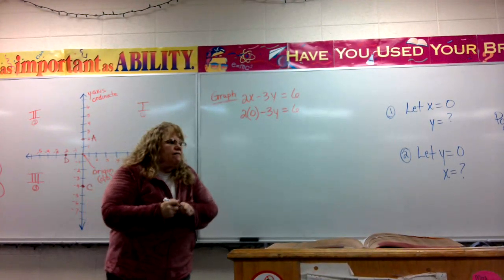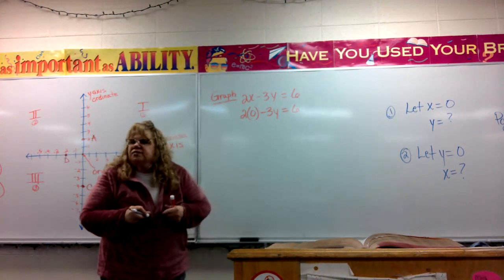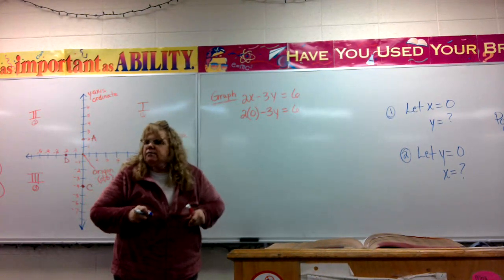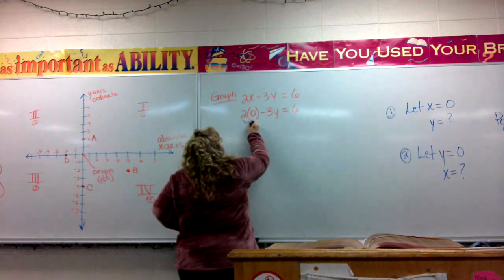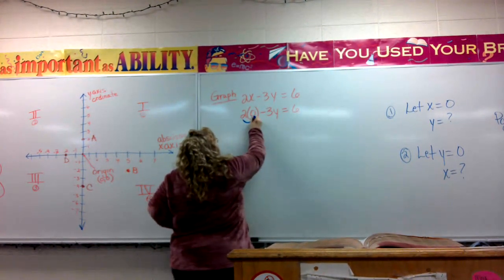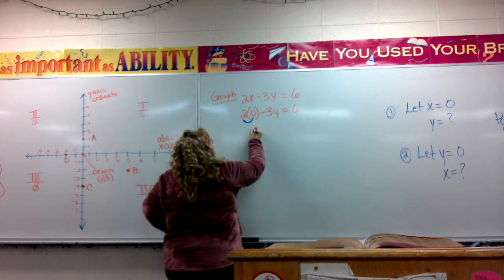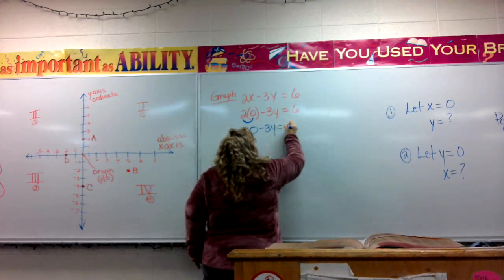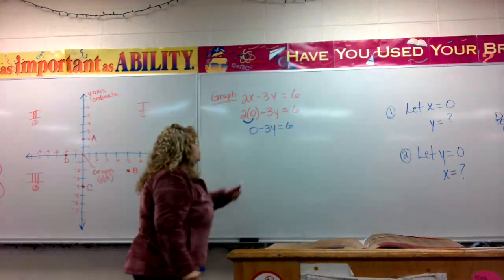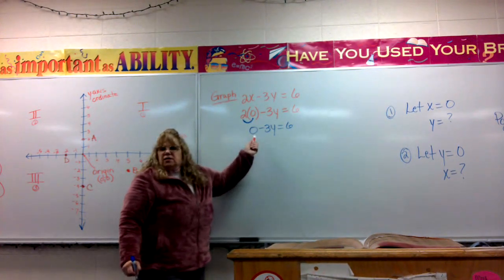How are you going to solve that for y? What do you get here? 2 times 0 is 0. Take away 3y equals 6. Do I really need that 0 right there?